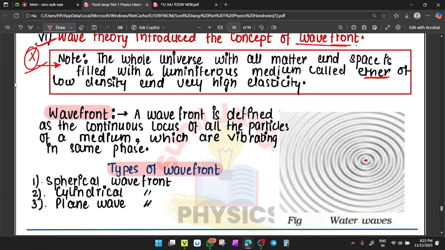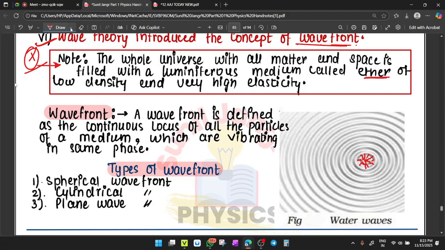This first point, which has taken the initial jerk, transmits the jerk in all possible directions in the nearby surrounding. Yes or no? Understood? It transmits the energy to its neighboring medium in all possible directions with the same speed, at the same time. Clear or not clear?